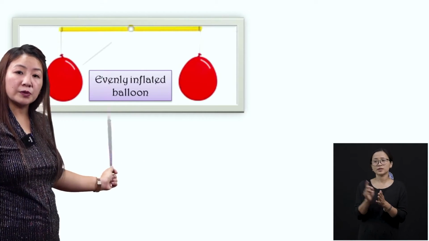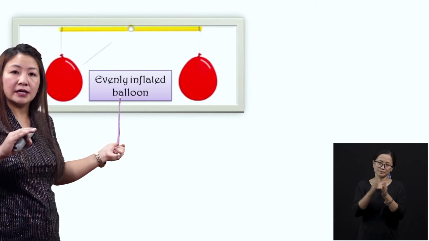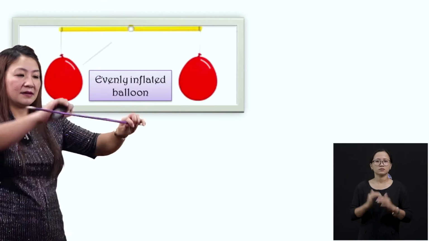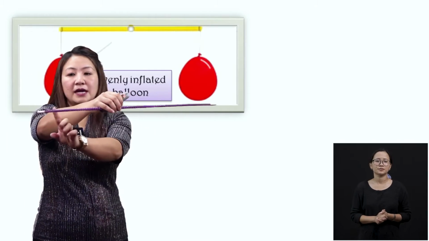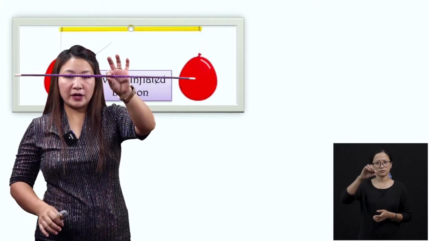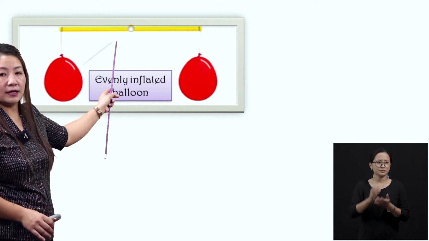And you balance them like this on a stick. At both the ends you tie them, and it should be the same weight. It should not tilt.